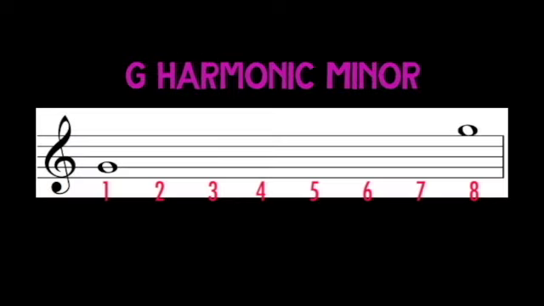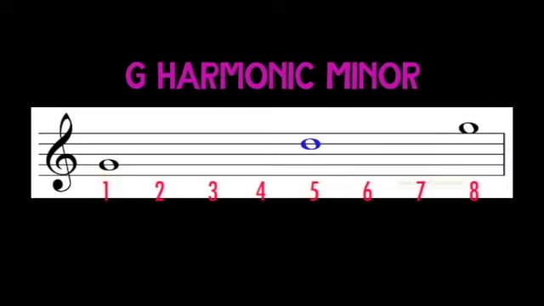Okay, now that you know the 3 forms of minor, let's try building a scale from scratch. Let's say we are wanting to build a G harmonic minor scale. Well, let's begin with the scale degrees that we do know, the ones that don't change whether we're in major or minor. Let's start with the 5th scale degree, which we know is a perfect 5th up from the 1st scale degree.